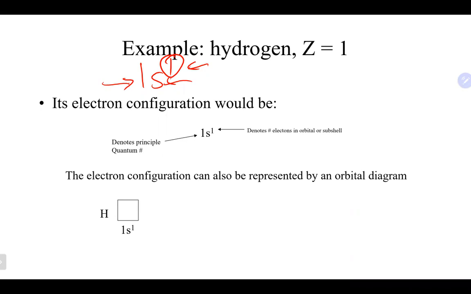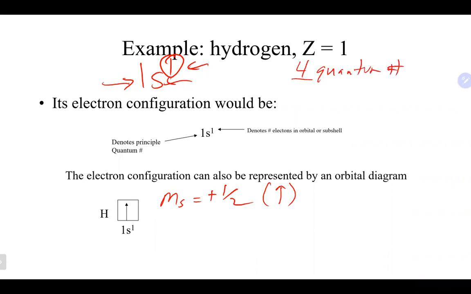So if we were to draw the orbital diagram for hydrogen, we would show 1 electron, and always the first electron that goes into the orbital will have an arrow pointing upwards. It represents what is known as the spin quantum number, which is ms, and it has a +1/2, usually denoted like that. There are actually 4 quantum numbers.